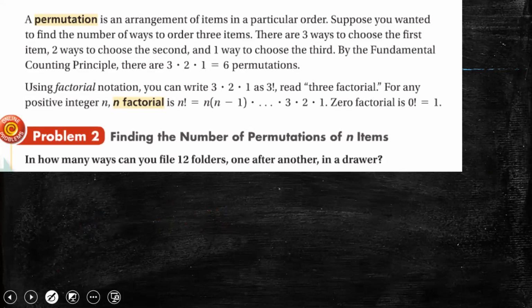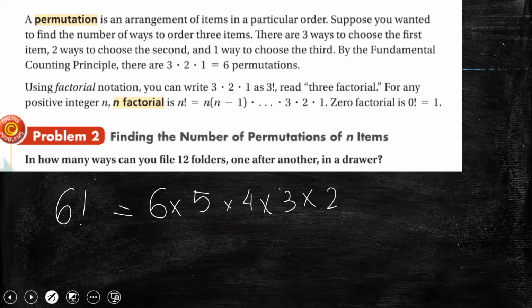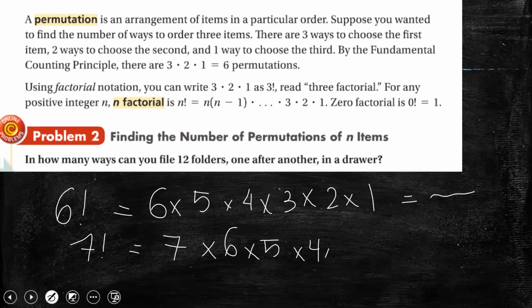If you have 6 factorial, it is 6 times 5 times 4 times 3 times 2 times 1, and you will get the answer. 7 factorial is 7 times 6 times 5 times 4 times 3 times 2 times 1, and so on.